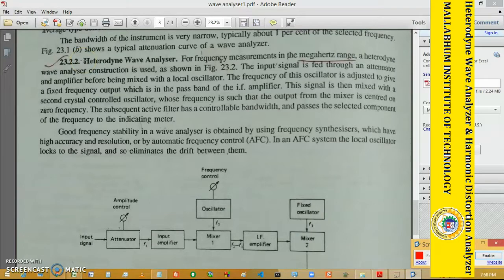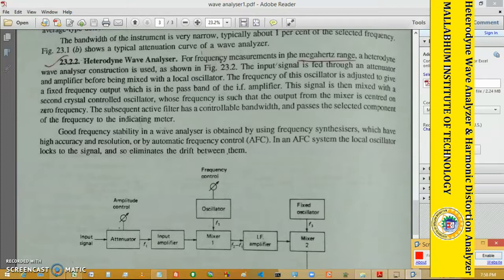Now when the frequency range increases, then this frequency selective wave analyzer may not be suitable to isolate the different frequencies and extract the amplitude of those frequencies. That instrument is not suitable for that purpose. So for that reason this heterodyne wave analyzer is used.